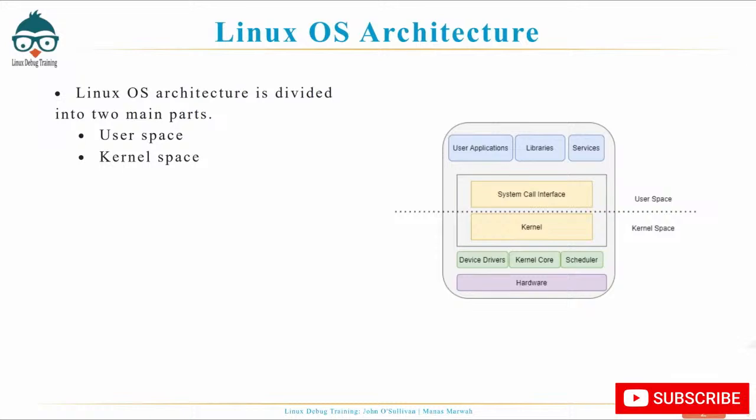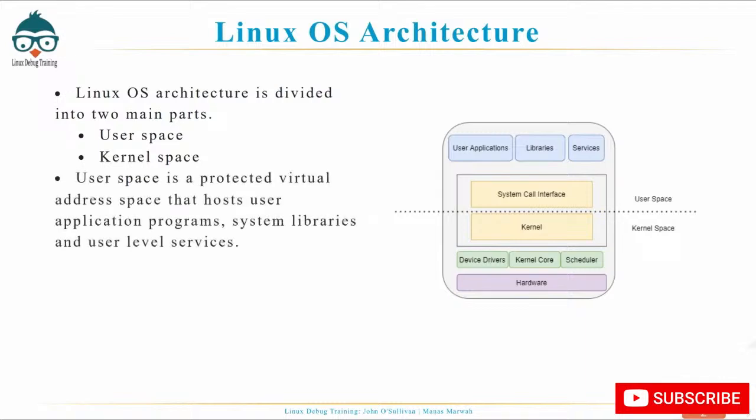In this section, we will look at the Linux operating system architecture. The Linux operating system architecture is divided into two main parts, a user space component and a kernel space component. These are shown on the diagram on the right-hand side. User space is a protected virtual address space that hosts user applications like web browsers, word processors, games, media players, and Office applications.